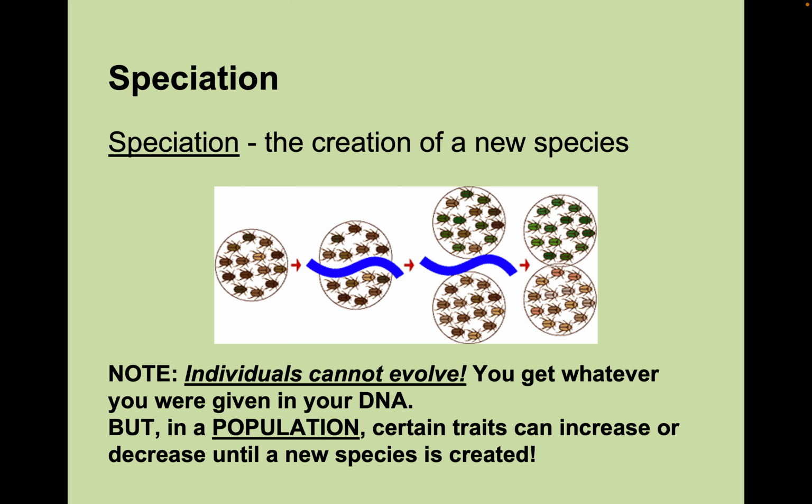If your genetics are good for the environment, great, you get to survive. If your genetics are not so great, maybe you die. Sorry. So when we talk about speciation, we're talking about a change in a whole group, a population over time. A population can evolve, yeah. Individuals cannot evolve. You can't choose what you get. But as a whole group, some might be able to survive while others don't.